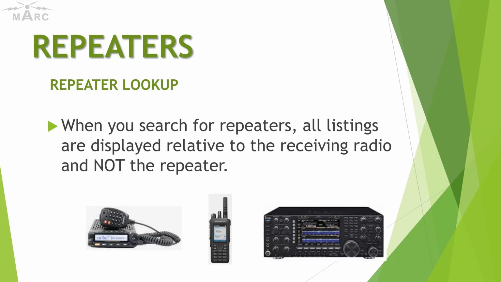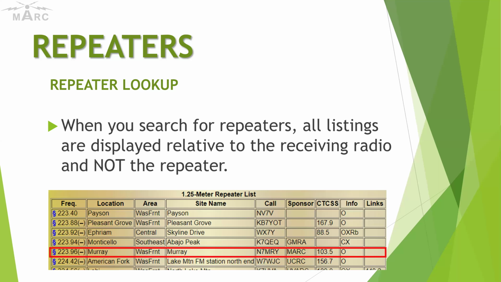So the web pages we're going to be looking at have to do with what you're going to be doing on your receive side, not on the repeater side. This is for you, right? And so it doesn't matter if you're a mobile, HT, or a base station, it's all the same. As a matter of fact, here's an example, and I do need to get my laser pen ready.